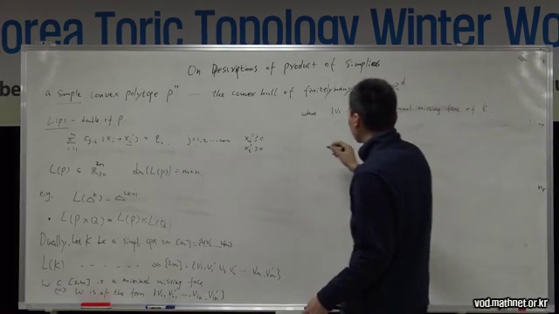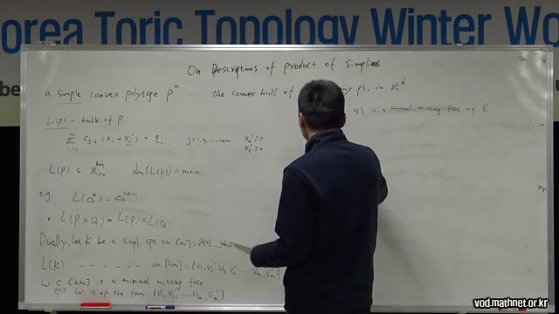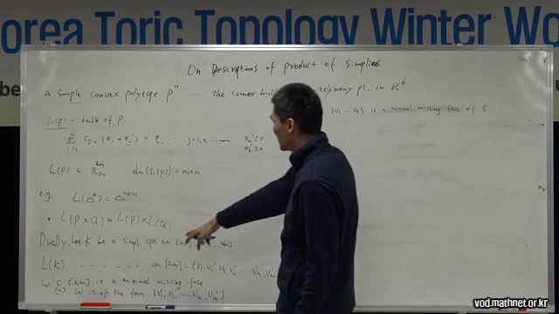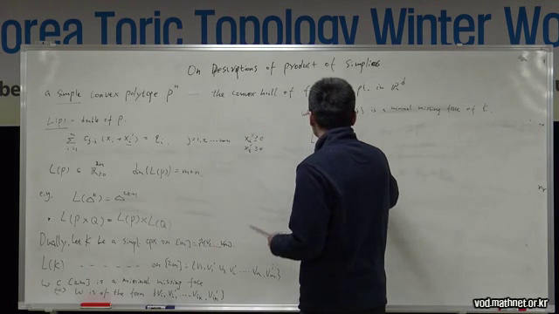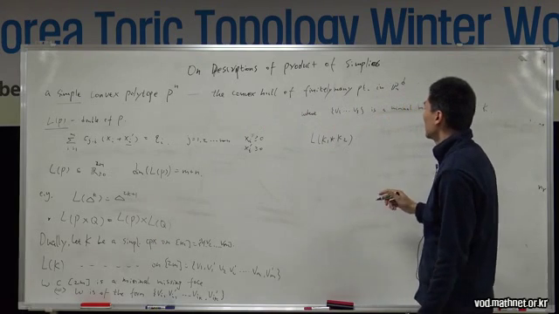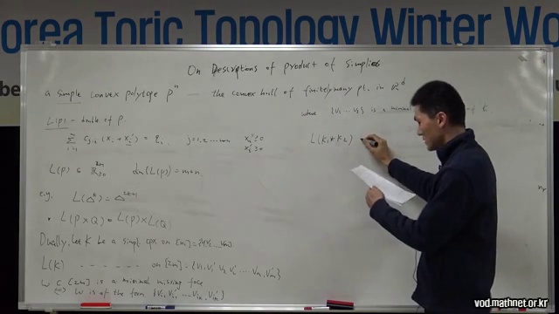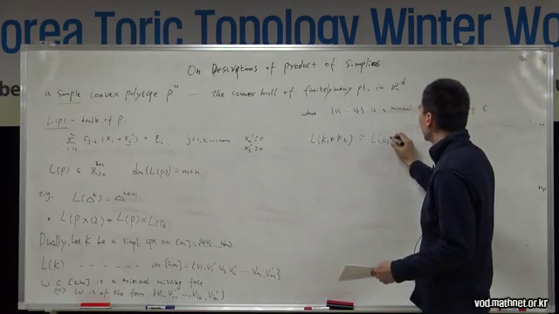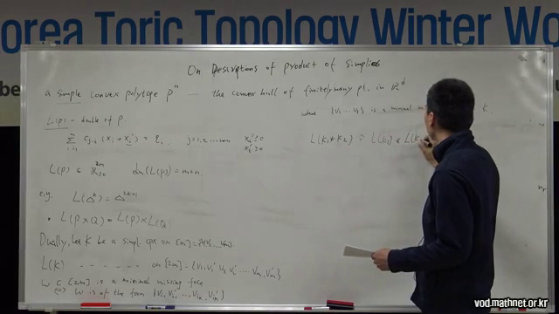So there's some easy fact. The fact is, the doubling of the join of two simplicial complexes is actually isomorphic to the join of their doublings.